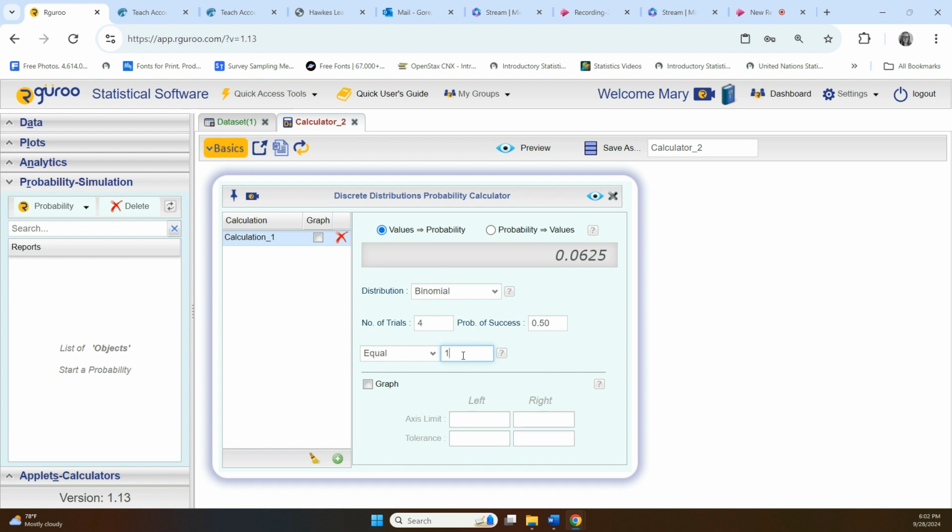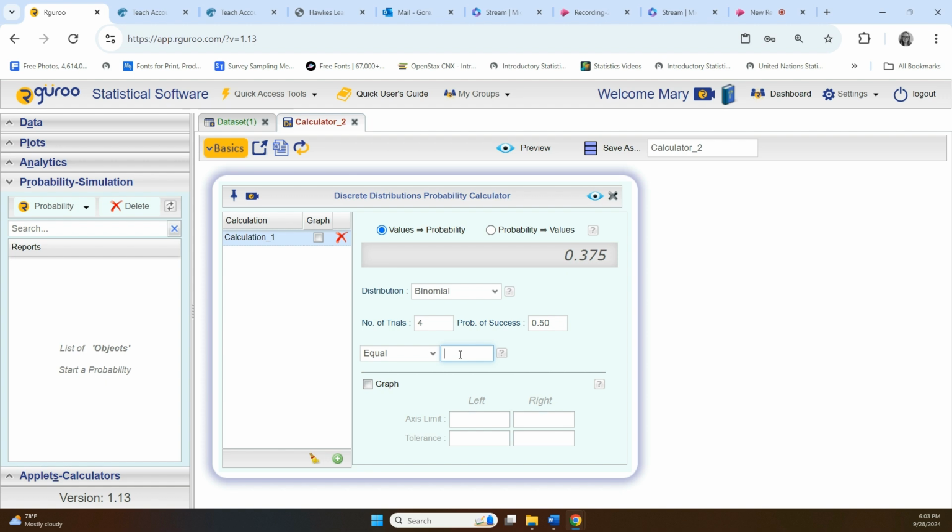What if x were equal to 1? We just change the one thing, everything else stays the same, and we get 0.25. So there's a 25% chance of only 1 head in 4 flips. And I can go through, and you can see every time I change my value for x, I'm getting a new probability.